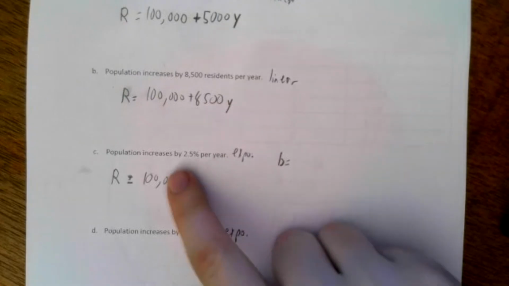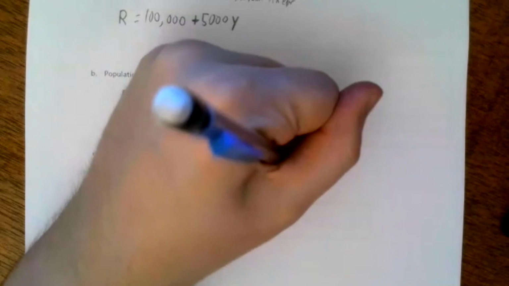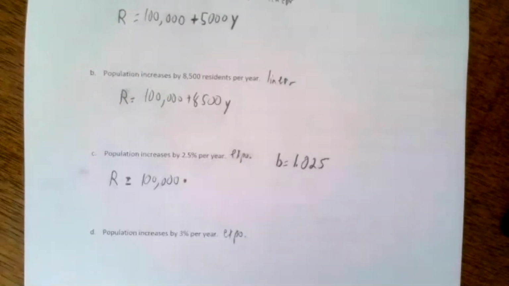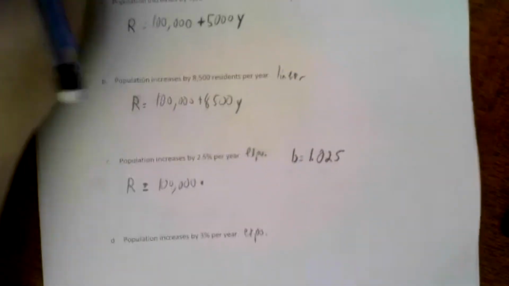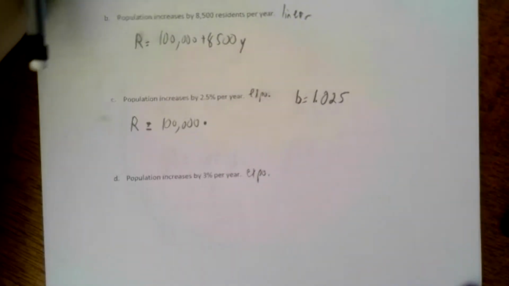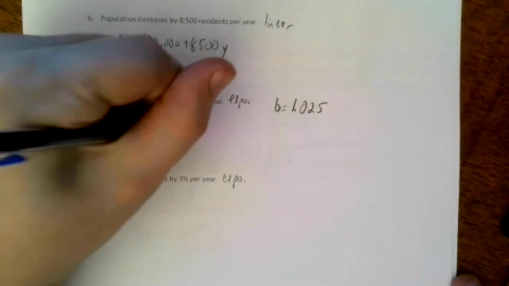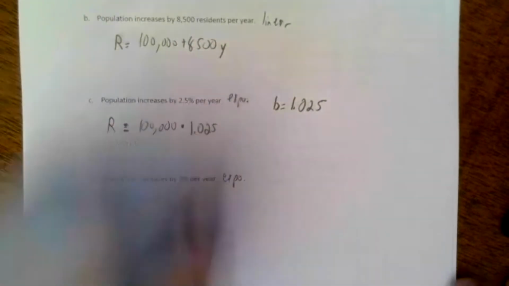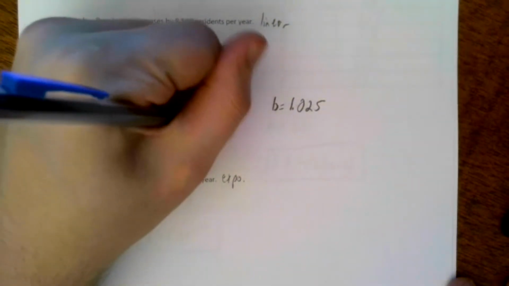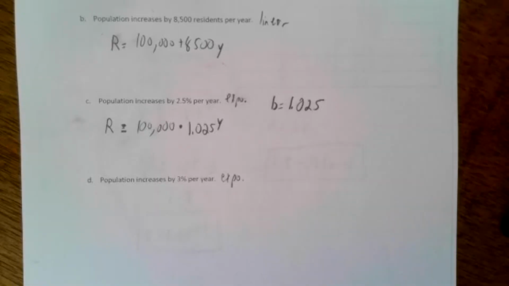So all we need to do is change that to a decimal and then add 1. So my B here should be 1.025. Okay. So that's from our multiplier section. It's just 1.025, right? So I'm going to plug 1.025 in, and then I'm going to raise that to the y power, because that's how many years have passed that we should raise that growth to.